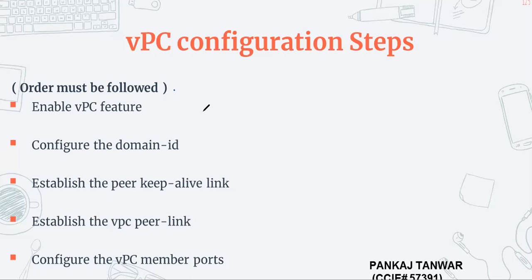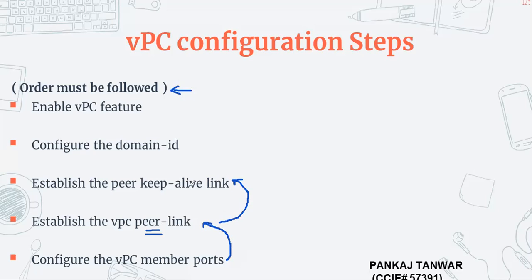Okay, so one thing that we need to keep in mind is that the very first bullet says the order must be followed. What does it mean? It means that your VPC member ports are not going to come up unless your VPC peer link is up, and your VPC peer link is not going to come up unless your VPC peer keepalive link is up.